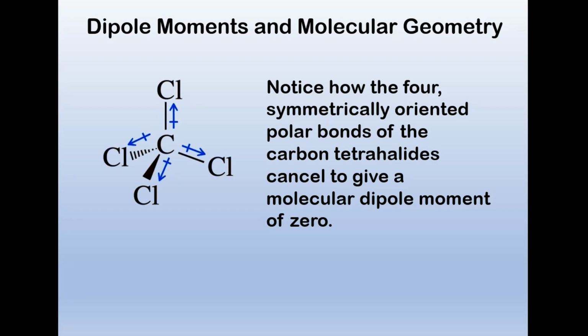So carbon tetrachloride, even though these bonds are polar, the overall molecule has no dipole moment. It's a very nonpolar solvent because of the symmetry. All those polar bonds cancel themselves out. You can think of these as being vectors. They're all the same magnitude and they cancel each other out.